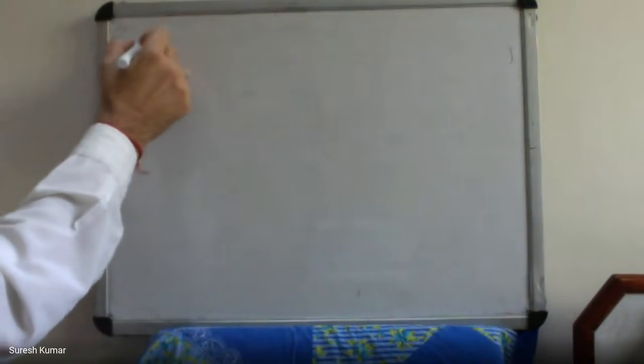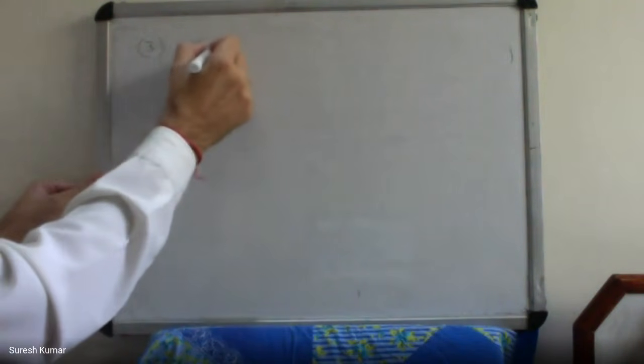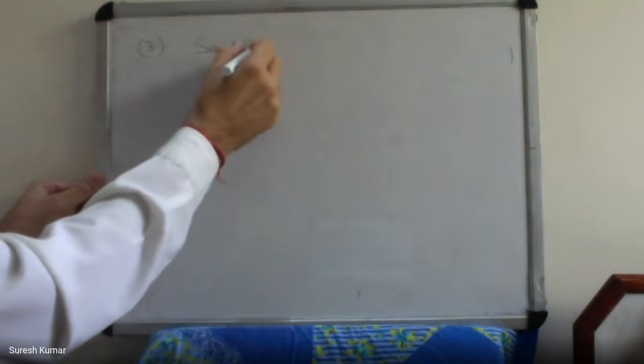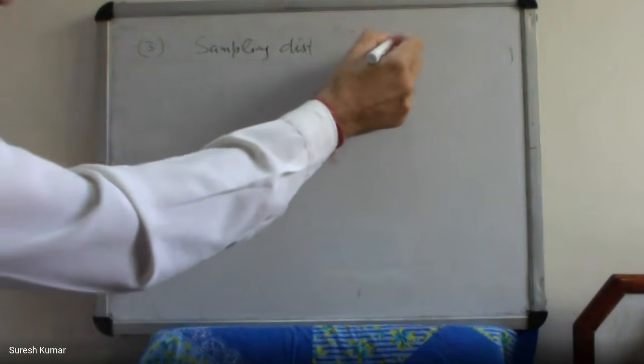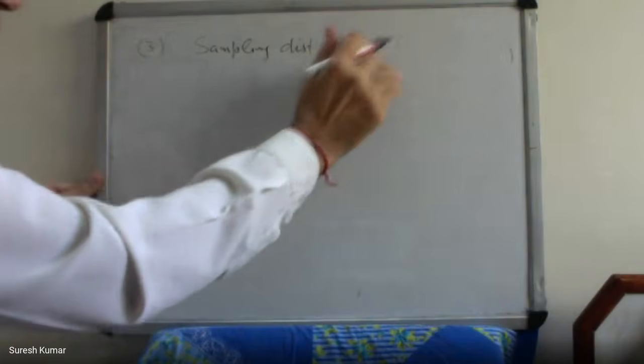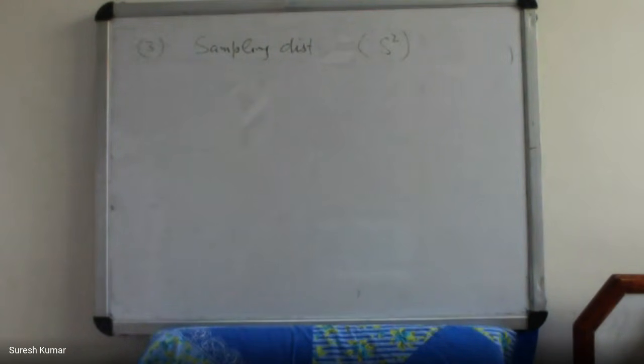Then let's see the sampling distribution of a statistic involving s square, means the variance of the random sample. In this case also we can say something in a particular case.